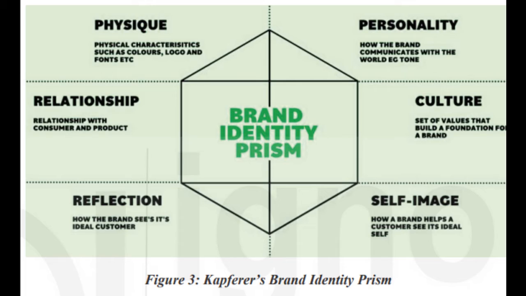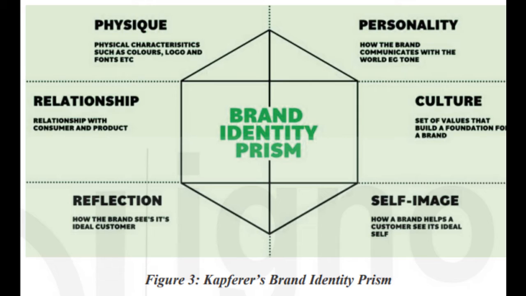4. Culture. This represents the culture of the brand or the organization. It defines the values and beliefs held by the brand in the organization. According to David Aaker, this side can be viewed as a part of the core identity of the brand as well as brand as organizational perspective. In the dimension of internalization versus externalization, we can see that culture is towards internalization and relationships are towards externalization.